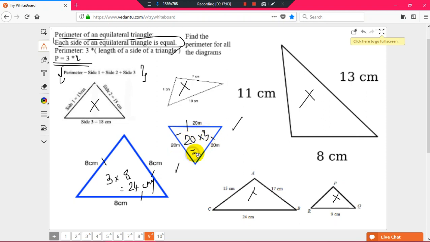If the order changes, the answer won't change. That is 60 meters. If they have given centimeter, put centimeter; if they have given meter, put meter. Similarly for kilometer or decimeter, put the unit which is given in the sides of the triangle.